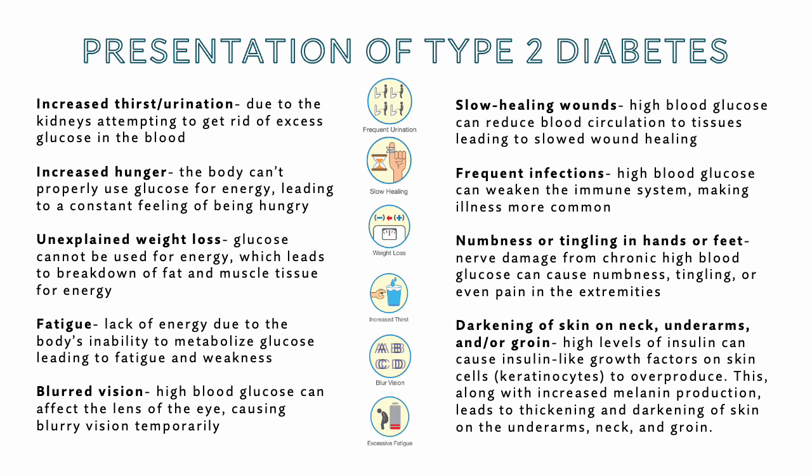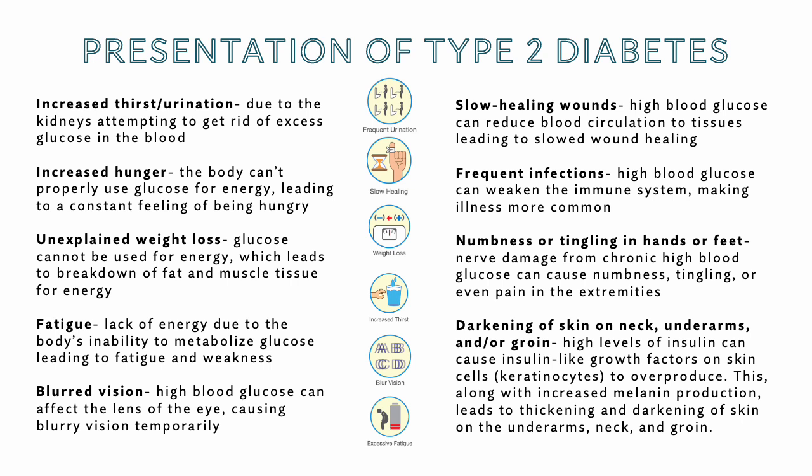You might also feel hungrier than usual even after eating. That's because the body isn't using glucose properly for energy, so it keeps sending hunger signals. Unexplained weight loss can happen too. Since the body can't use glucose, it starts breaking down fat and muscle for fuel. A lot of people also feel really tired or worn out just from the lack of usable energy.